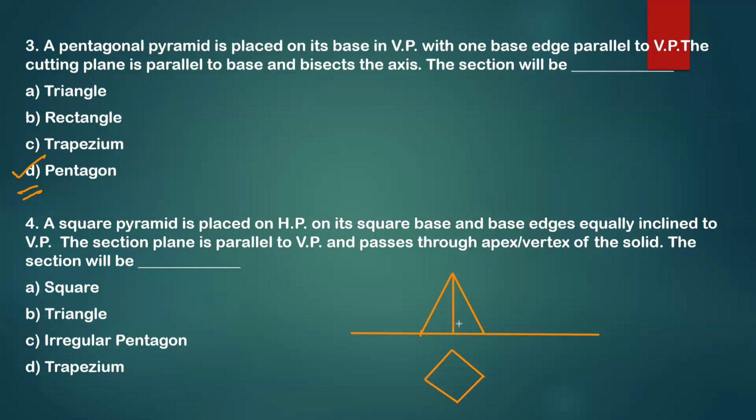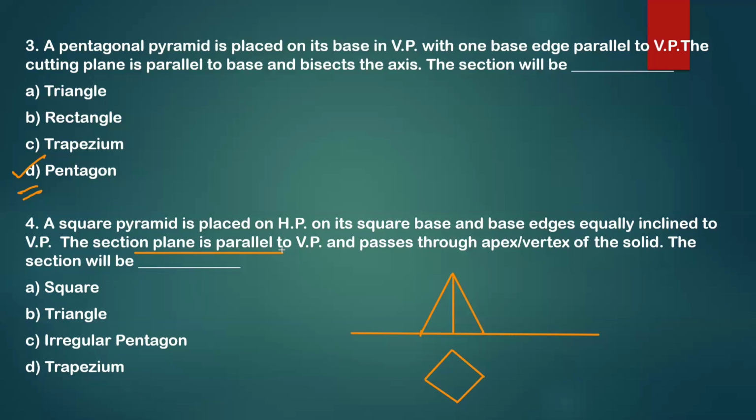Now we'll check how our section plane or cutting plane is. You will see here that this cutting plane or section plane is parallel to the VP, and it passes through the vertex of the solid.